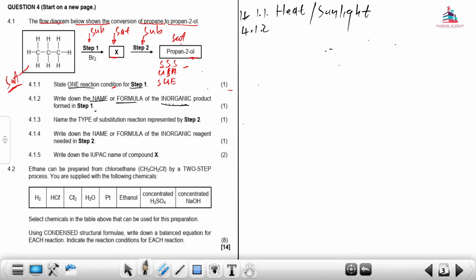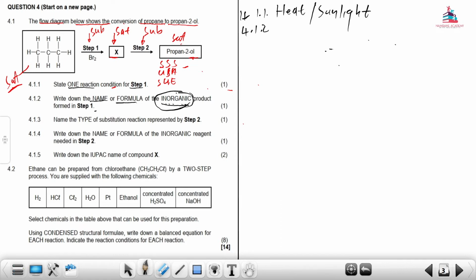Fine. Then 4.12, write down the name or formula of the inorganic compound formed in step 1. Inorganic, so if they say it's inorganic, it means in simple terms it must not consist of a carbon. Remember, carbon is what makes our organic chemistry.